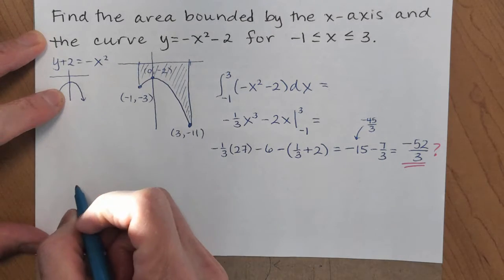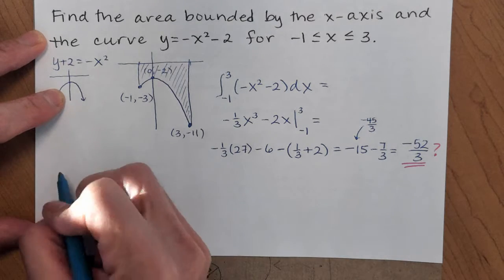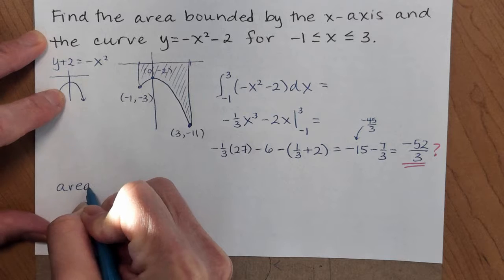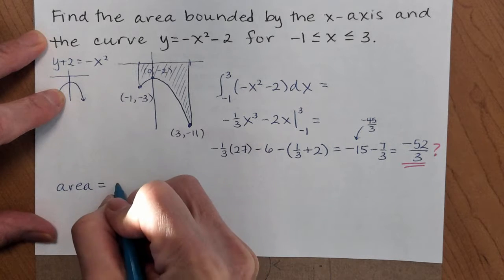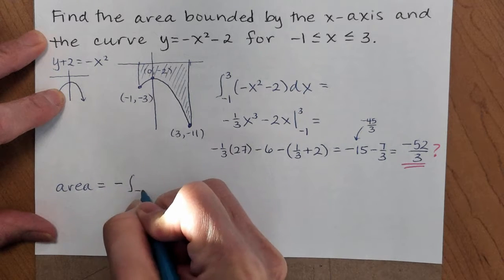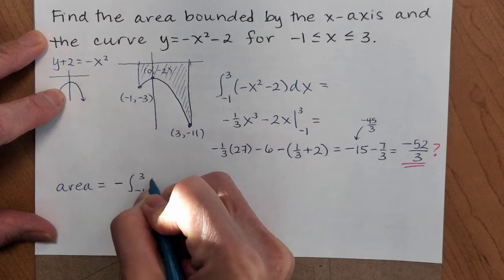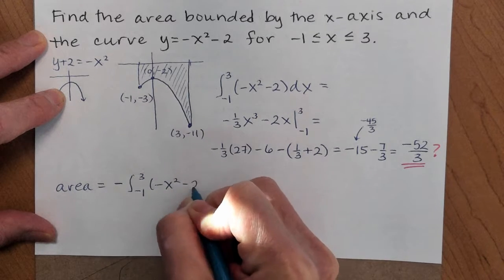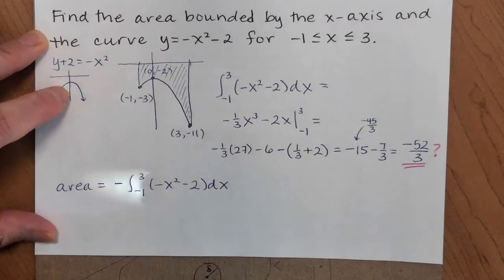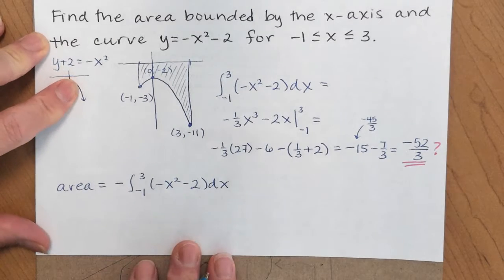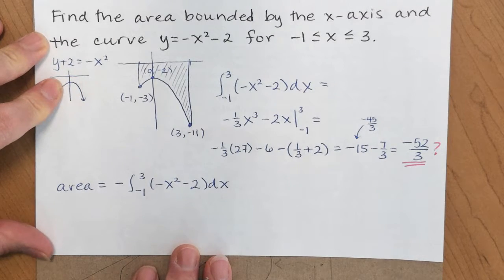So, there are two ways I can address this. To find the area, you can take the negative of the integral. As simple as that. Take the negative of my answer, and that will give me the area.